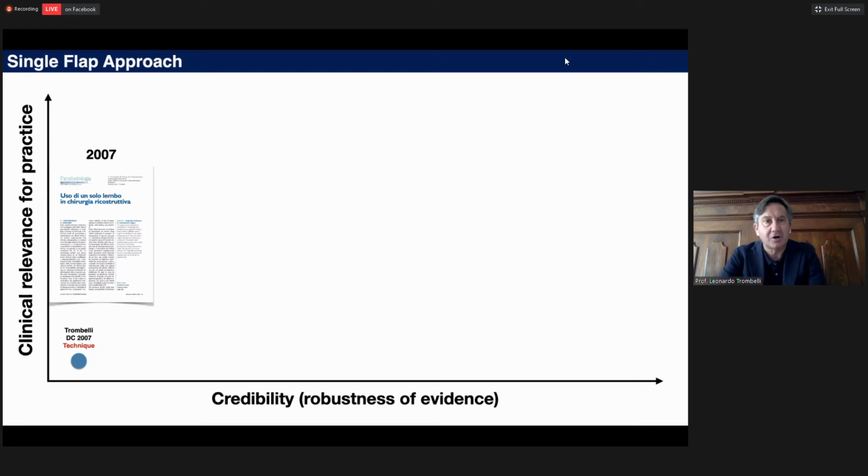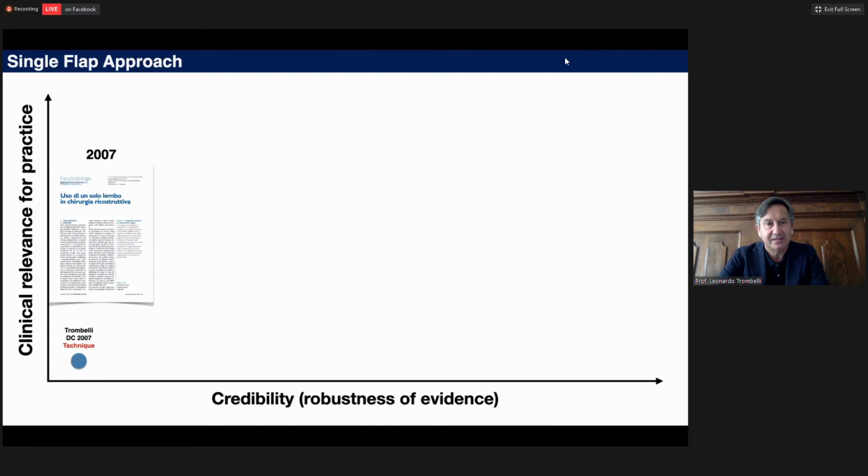So starting from 2007, when we published, we have started to gather a number of clinically relevant pieces of information for the practice, and at the same time we wanted to increase the credibility of this technique by providing an increasing amount and robustness of evidence.